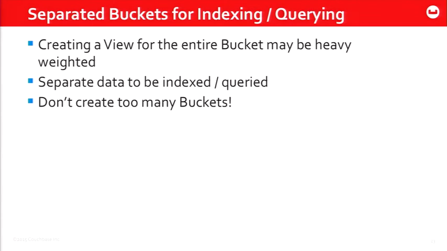In this case, it is actually best practice to create another bucket and move the data which should be indexed into this bucket, and the data which should not be processed by any indexing into another bucket. So if you have 90% of your data only for key value access and 10% of your data just for view access, then move this 10% out to another bucket.